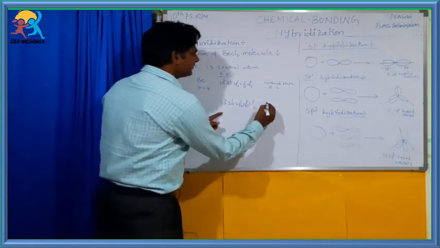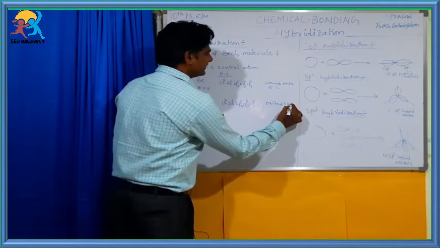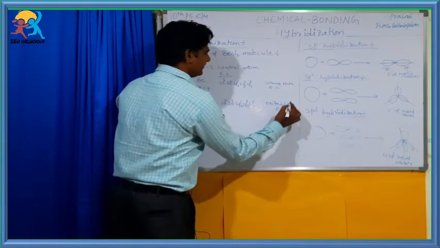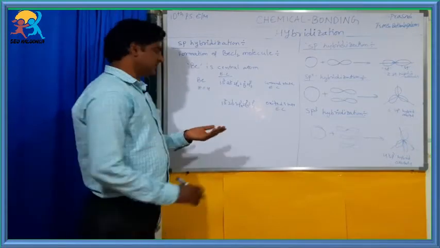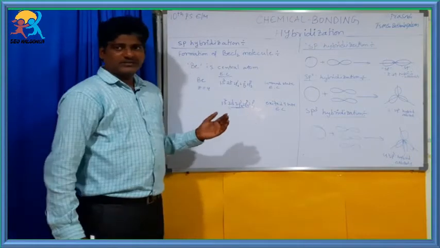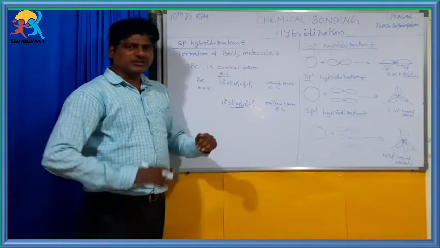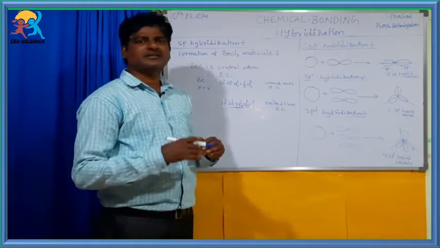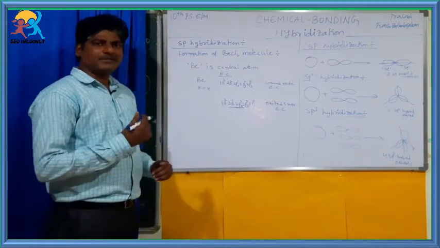This is called the excited state electronic configuration. Which orbitals have unpaired electrons? Here 2s and 2px. These two orbitals have unpaired electrons, so these orbitals undergo hybridization.